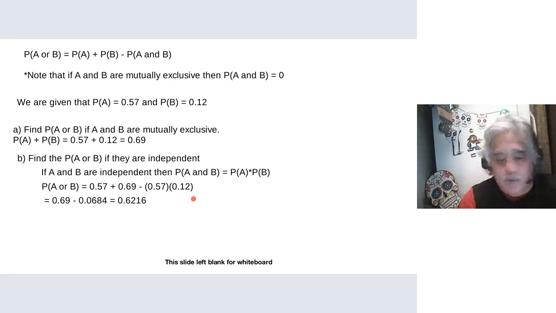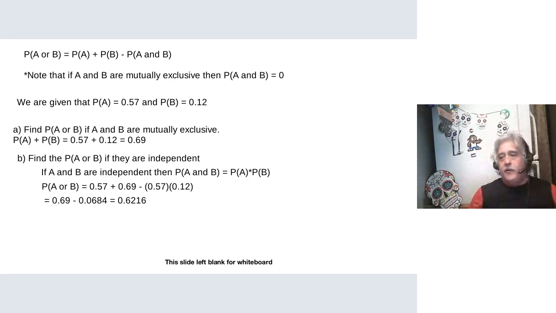Oops, it's 6. All right. So just two different ways to handle it. You just have to remember, if they're independent, then you do the multiplication of the two and subtract it. Because if they're mutually exclusive, there is no AND. Both don't exist if they're mutually exclusive.